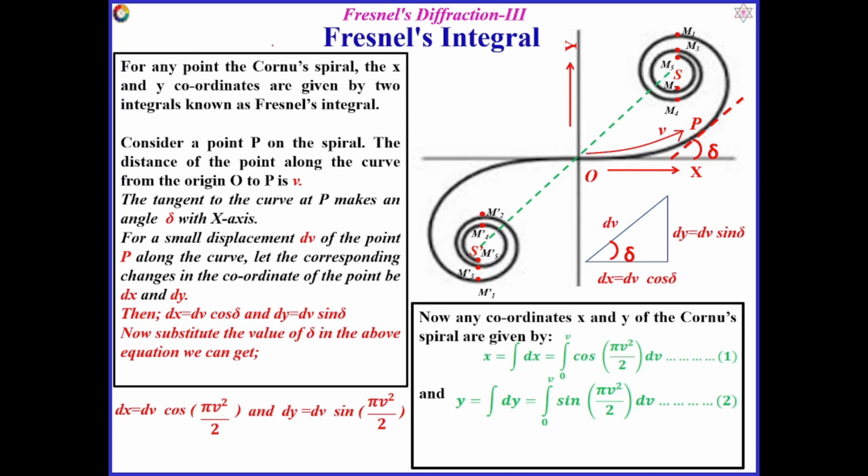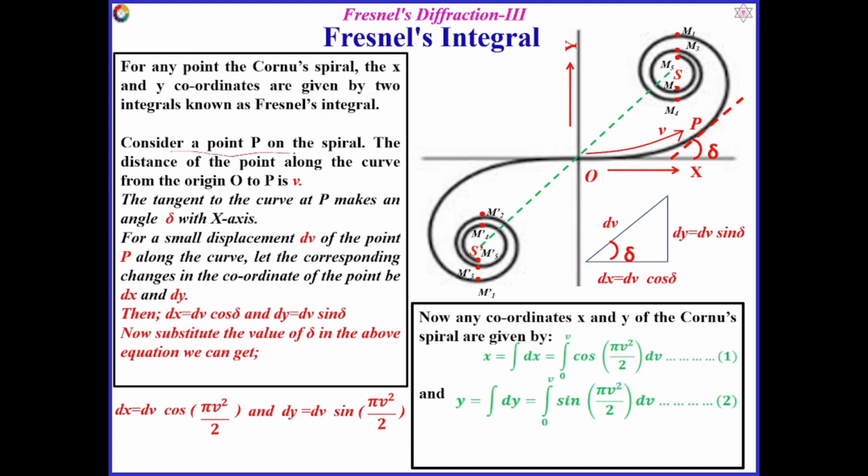For any point on this cornu spiral, the x and y coordinates are given by two integrals known as Fresnel's integrals. How is it?